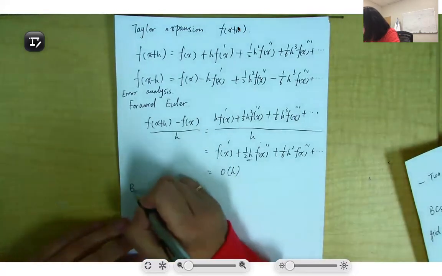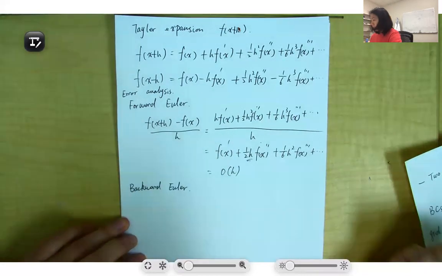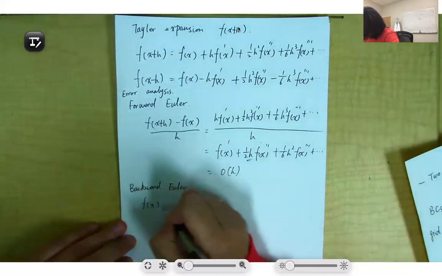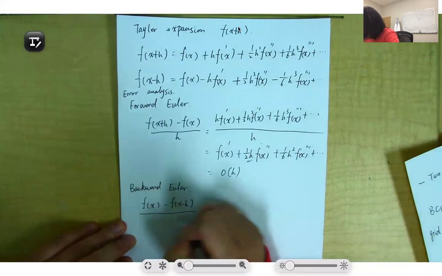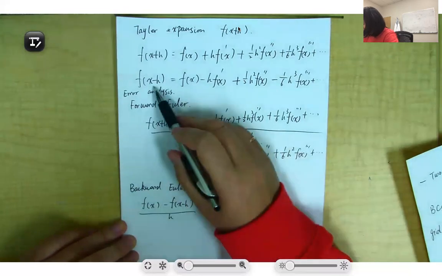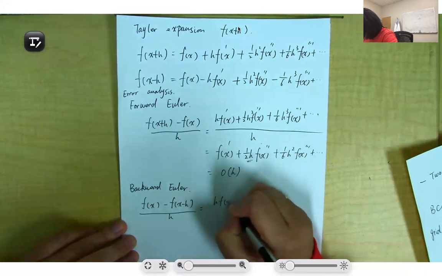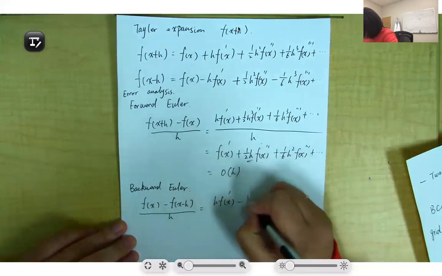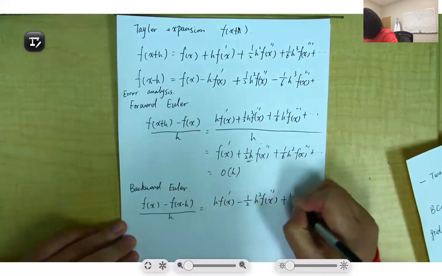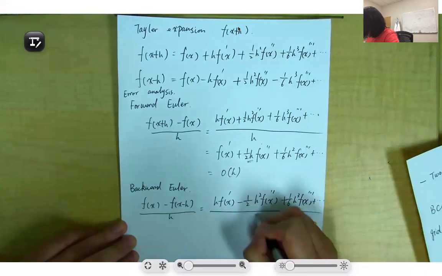Well, for the backward Euler, similar. The backward Euler is f(x) minus f(x-h) divided by h, right? And that equals h f'(x) minus half h squared f''(x) plus 1 over 6 h cubed f'''(x) plus and so on, divided by h.